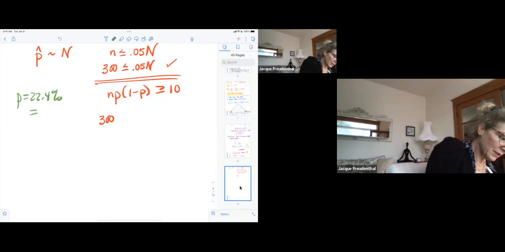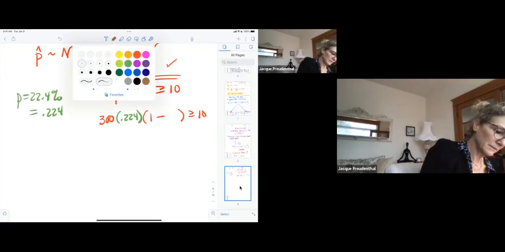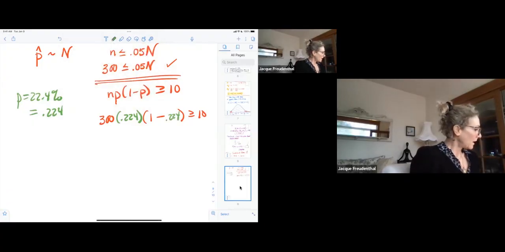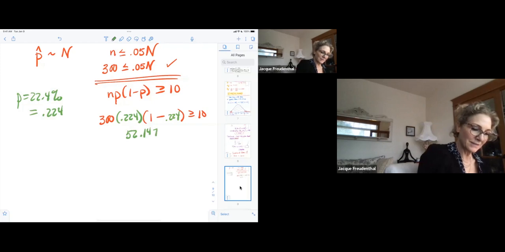Which we know changes to a decimal, 0.224. We have to write it in decimal form in order to calculate with it. Okay, so when we multiply this out, we get 52.1472, which is definitely greater than 10.